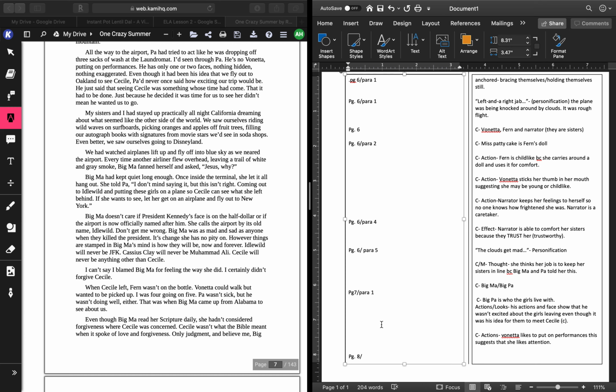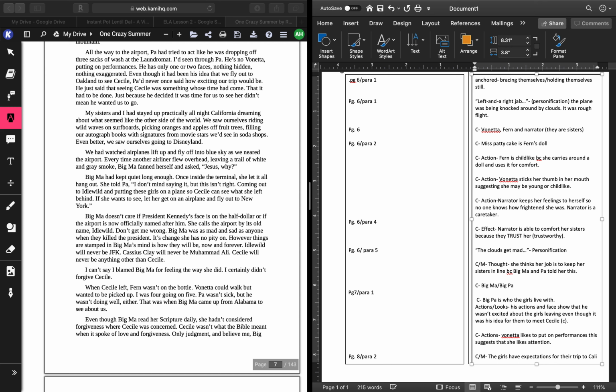So we are on paragraph 2, and we are annotating for characters and motivation. The girls have expectations for their trip to Cali.